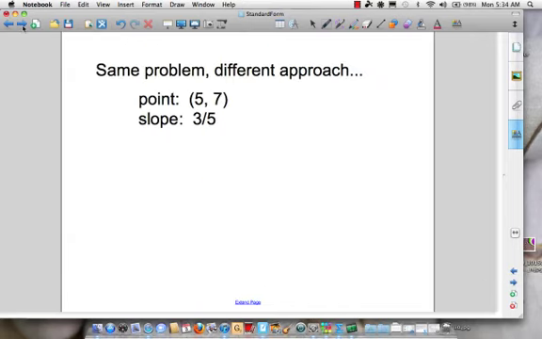Now I'm going to show you the same problem using a different approach. And this is to plug into slope-intercept form, which your book writes as y equals a plus bx. So y equals a plus, and we know that the slope is 3/5. So now it's just a matter of finding the starting value.